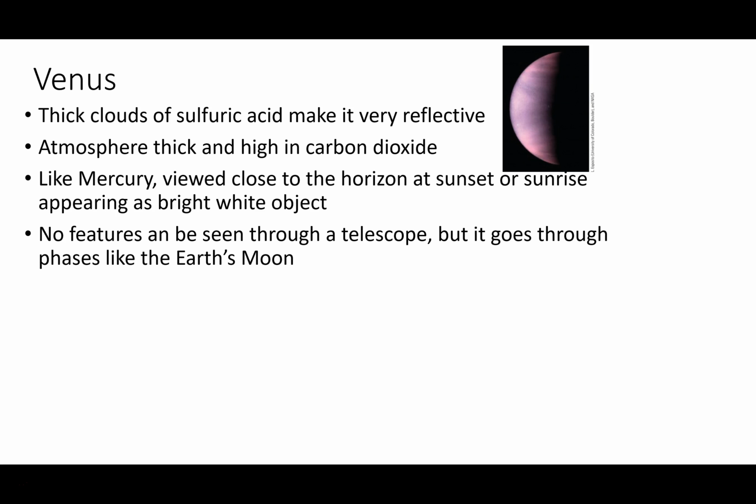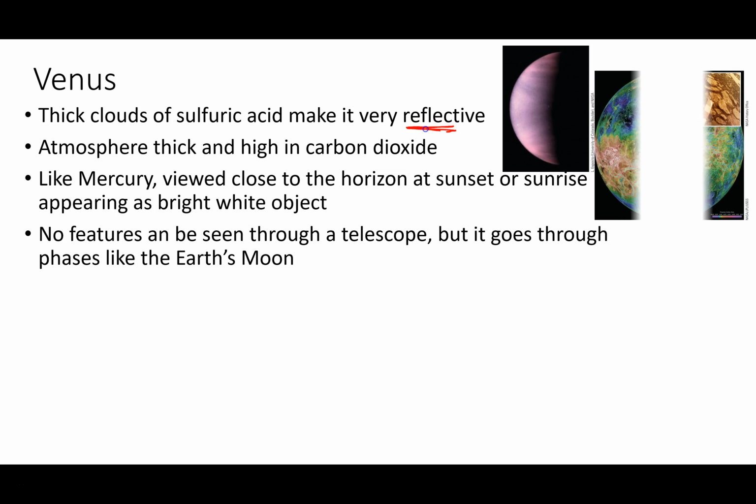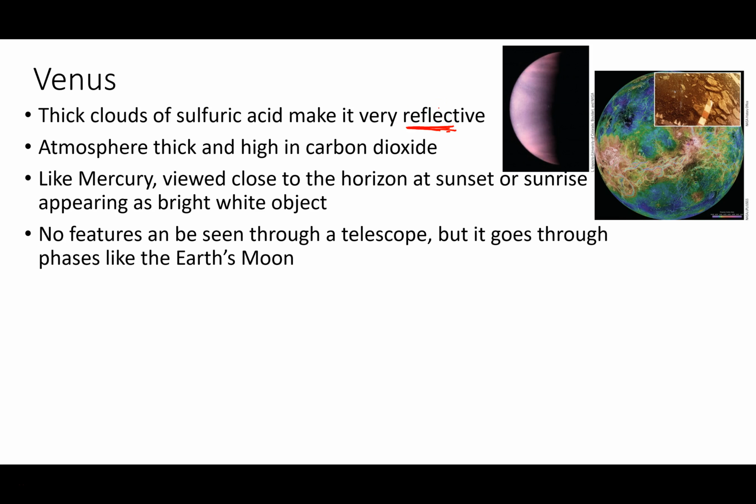That's pretty cool. The next planet after Mercury is Venus. Venus is very bright in the sky. Now remember, Venus is going to be close to the sun, kind of like Mercury. When I say close to the sun, that means you'll be able to see it just as the sun sets in the west, or in the east shortly before the sun rises.